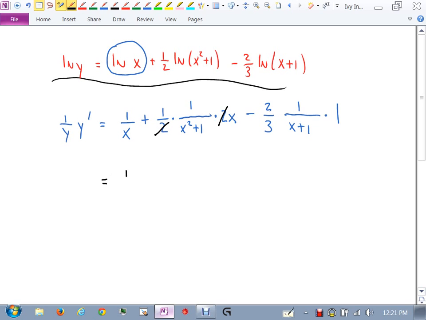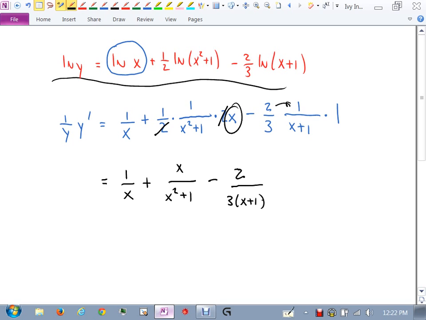I'm left with just 1 over x plus x over x squared plus 1. And over here, I put the 2 on top, 2 over 3 times x plus 1. Does that make sense now?